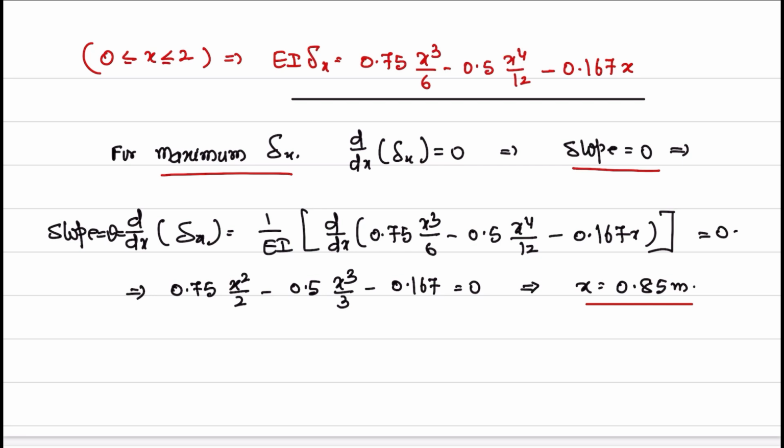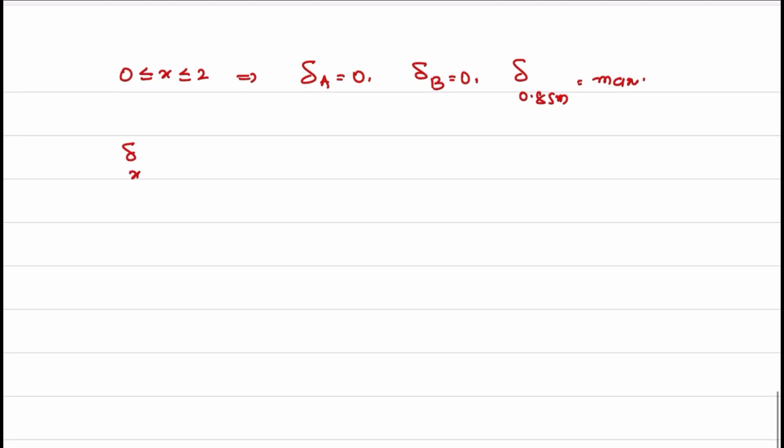That means, till now what we have got? In the region 0 less than or equal to x less than or equal to 2, delta A is equal to 0, delta B is equal to 0, and delta at 0.85 meters is the maximum. What is its value?